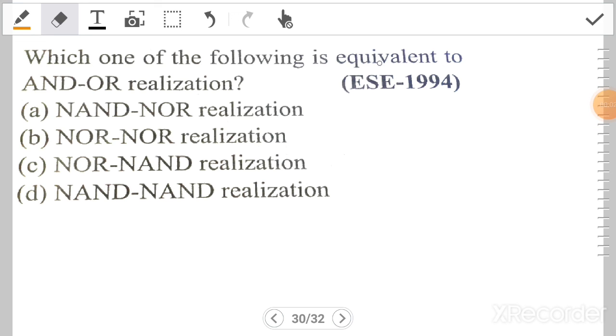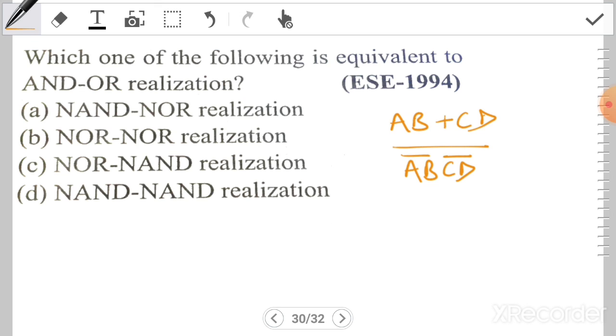Which one of the following is equivalent to AND OR realization? We just saw such an example, AB plus CD. We realized this AND OR gates with NAND realization. So we require 3 NAND gates to realize this.